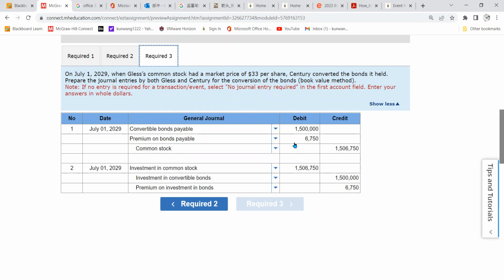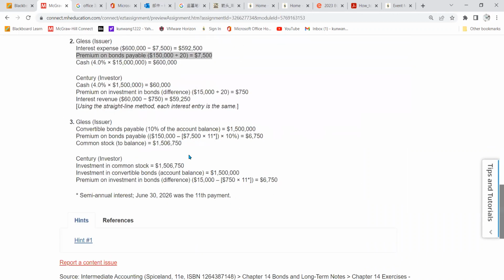And the remaining premium for the bond is 6, so it's 10% of the total. And how do we know this? Be careful how you get the remaining premium. We need to do some calculation on scratch paper.